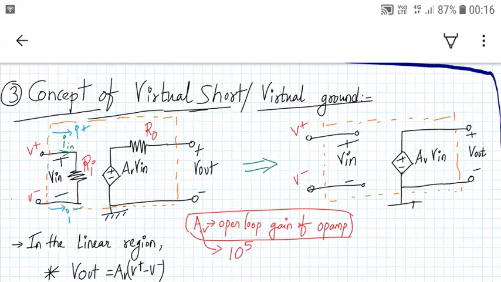Ri is the input impedance, Ro is the output impedance, AV into Vin is the voltage dependent source, and Vout is the output measured with respect to ground. The open loop counterpart of this equivalent circuit will be without Ri and without Ro. Basically Ri will be infinite and Ro will be 0 for the ideal op-amp.